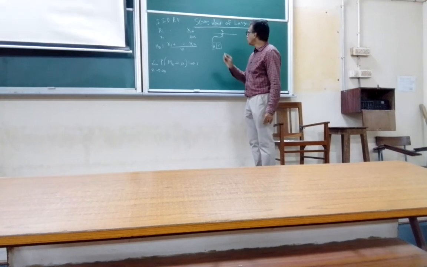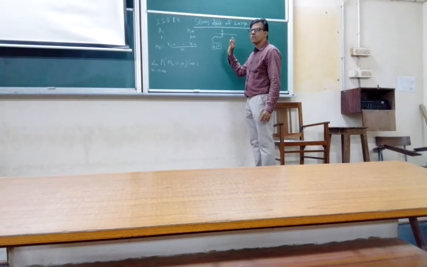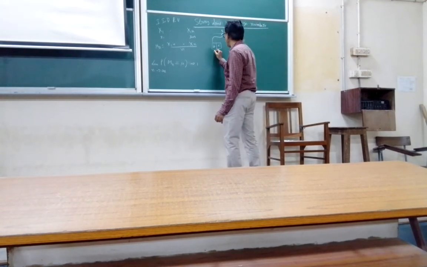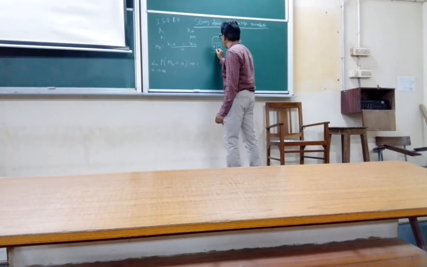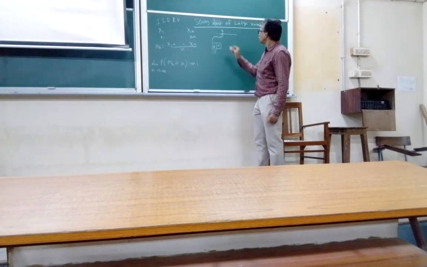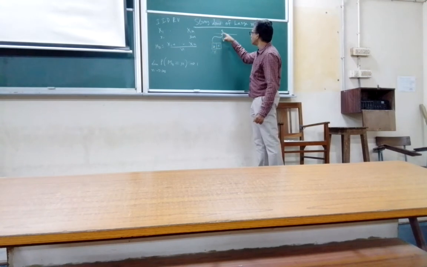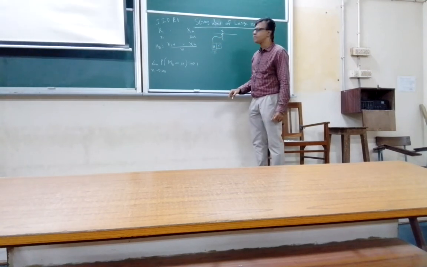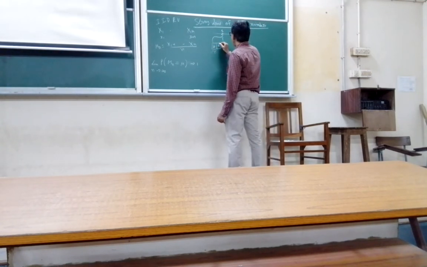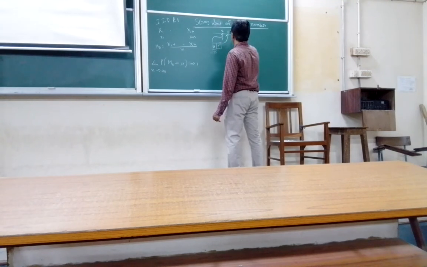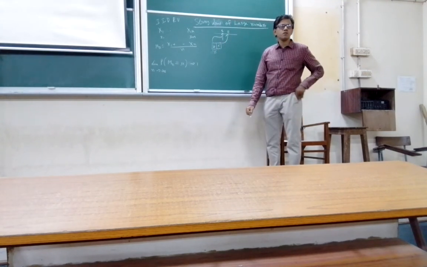Let us say P is the probability of getting a head. So with probability P, when a head occurs, the random variable takes the value 1, and for the tail, it takes the value 0. This is what happens.